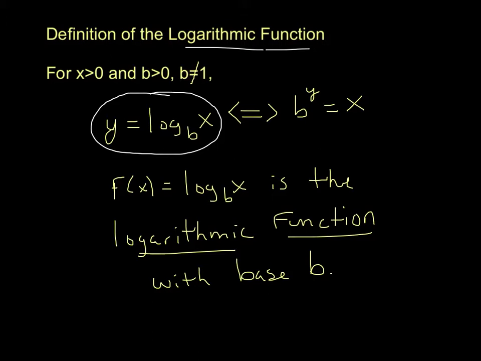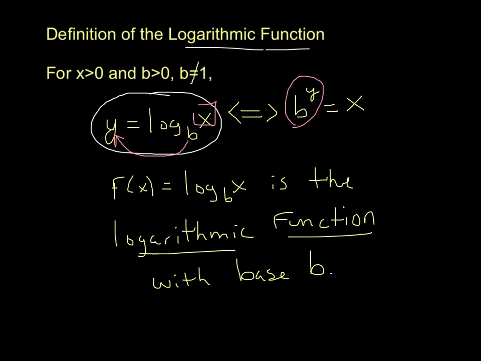So if we look at where these things are, this b to the y, well, here's b down here, the base, and it's now been raised to this y power. And that's equal to this value here at x. Okay? So the logarithmic function is actually the inverse of the exponential function.